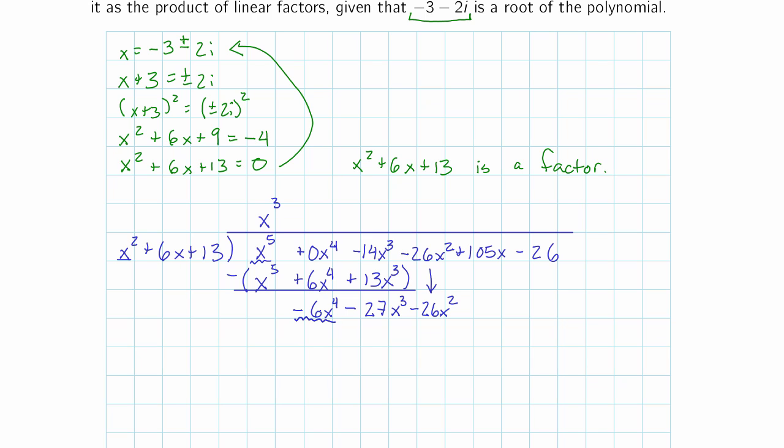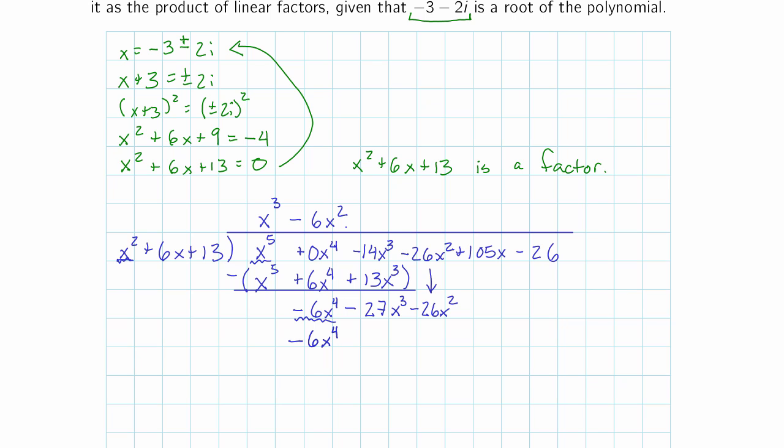First terms again, negative 6x to the 4th divided by x squared is negative 6x squared. Multiply. Negative 6x squared times x squared is negative 6x to the 4th.